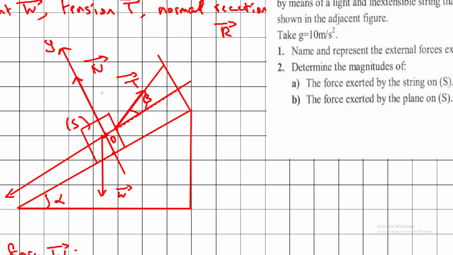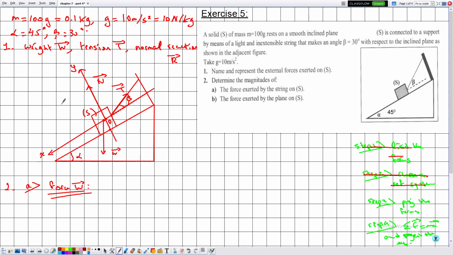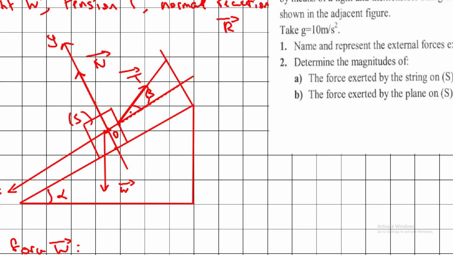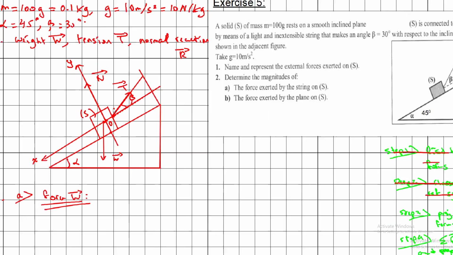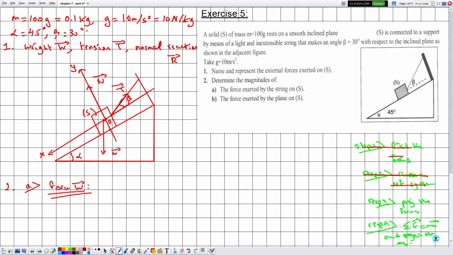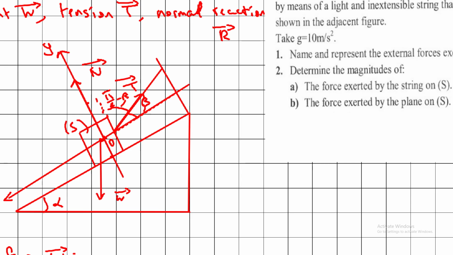This is the point of application of T. The T vector can be moved from this point to the origin O. In this case, this angle is given by pi by 2 minus beta, which is the same angle that T makes with the y-axis.